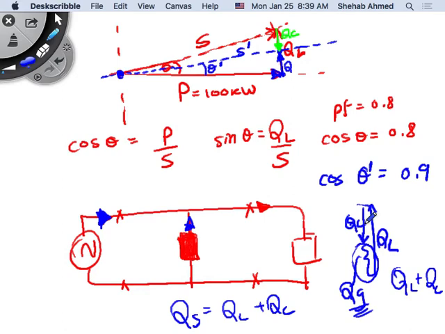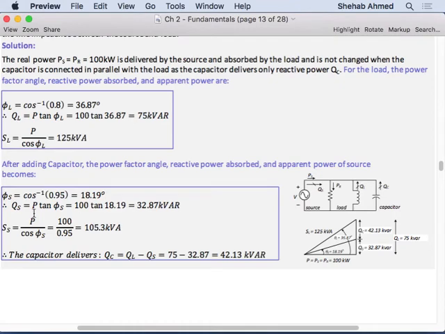These are complex numbers, so you have to pay attention to the direction here. So QC then is the difference between the old QL as a magnitude and the new QS as a magnitude, right? So we took my original QL, I have the new QS, which is supplied by the generator. The difference between them is the capacitive reactive power, right? So any questions on this?